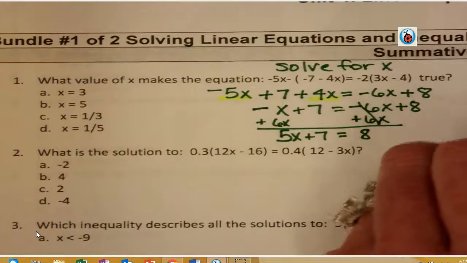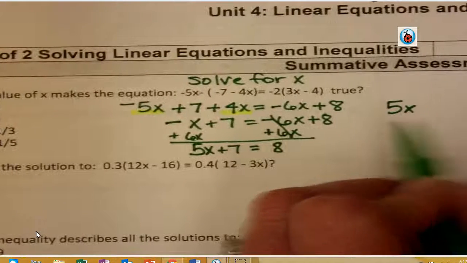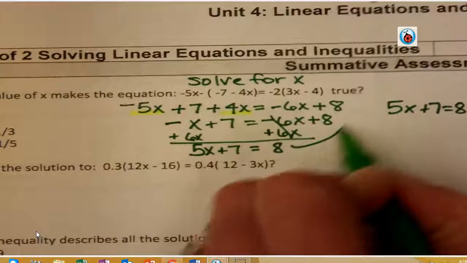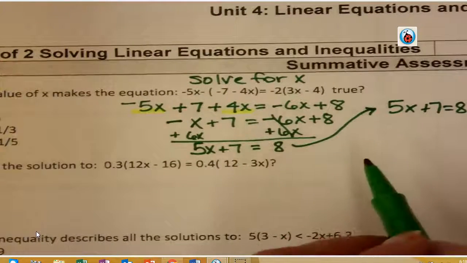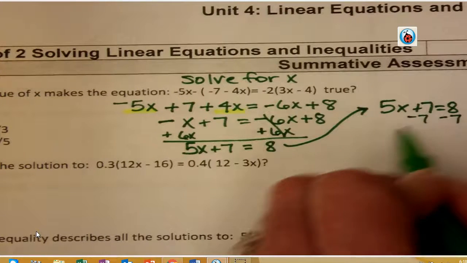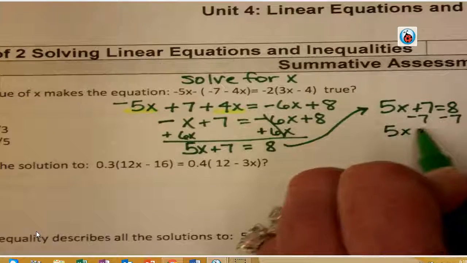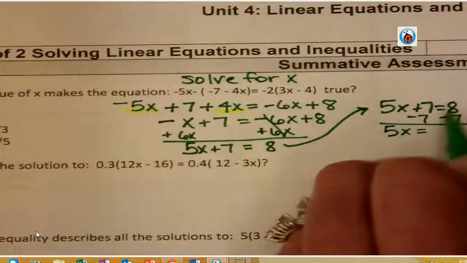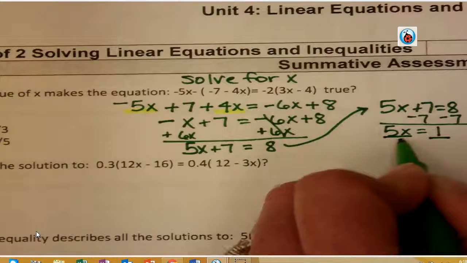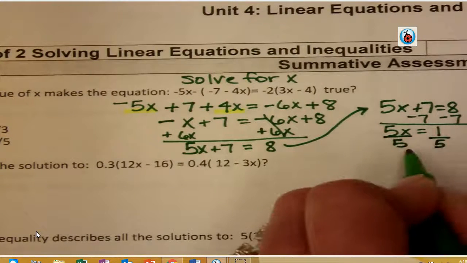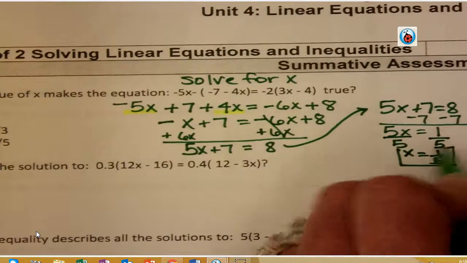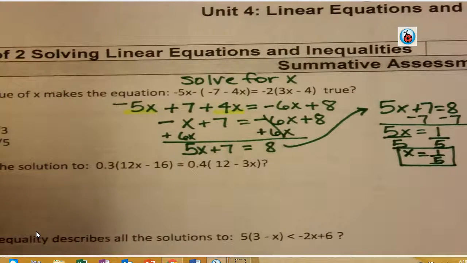I get 5x plus 7 equals 8. Now I'm going to subtract 7 from both sides, and I get 5x equals 1. Then I'm going to divide by 5, and I get x equals 1/5. So my answer is D.